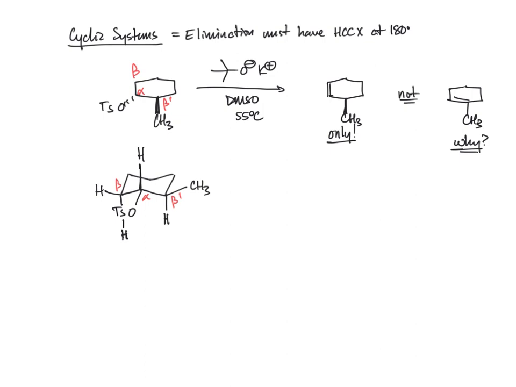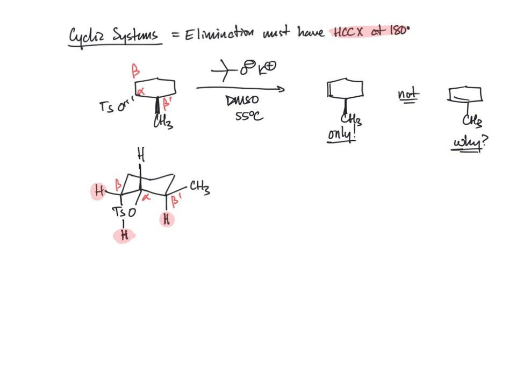So now with the red highlighter, I'm just going to highlight all the beta hydrogens. So you have 3 possibilities of hydrogens that can be deprotonated. And you must obey this: H-C-C-X has to be 180 degrees.